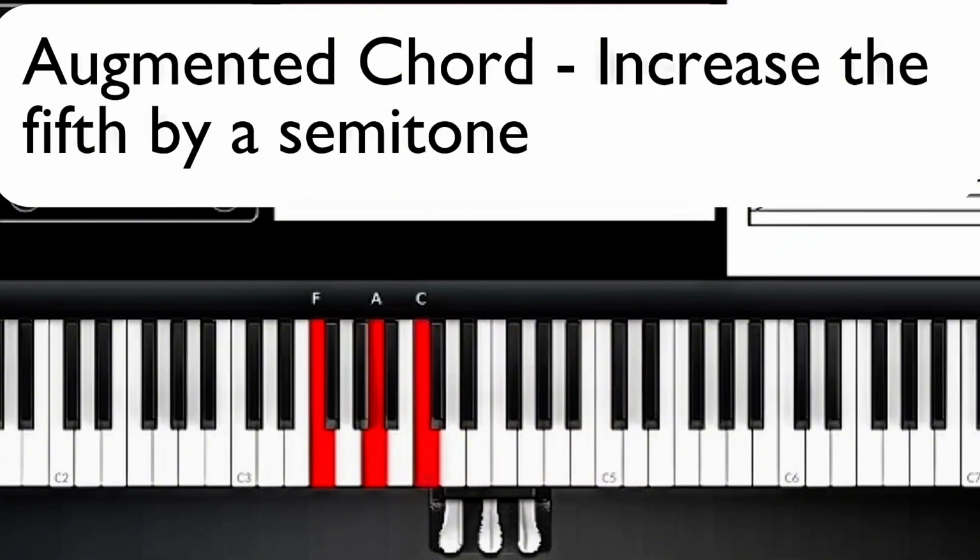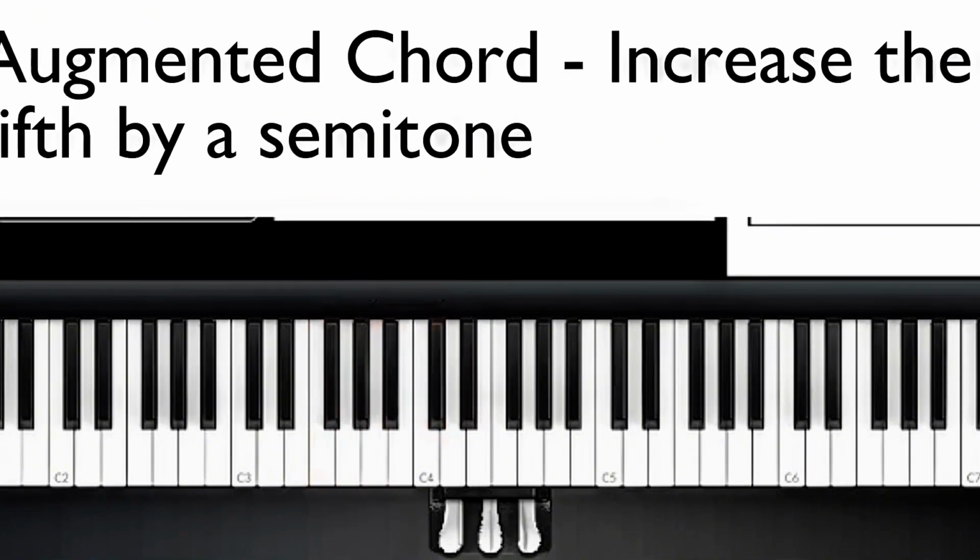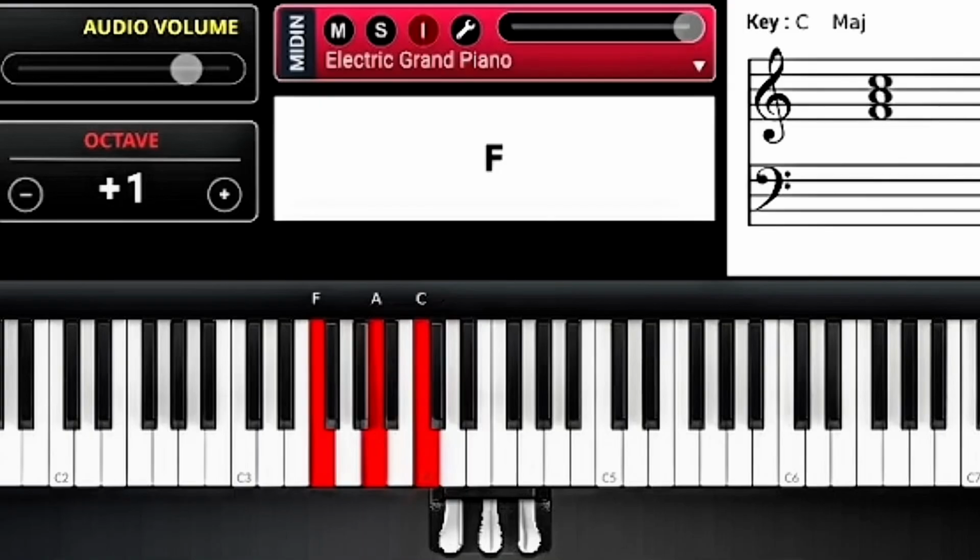This is our 5th, and the semitone from this note will be this note. When I play everything together, this is what we have. This is an augmented chord. This is our major chord.